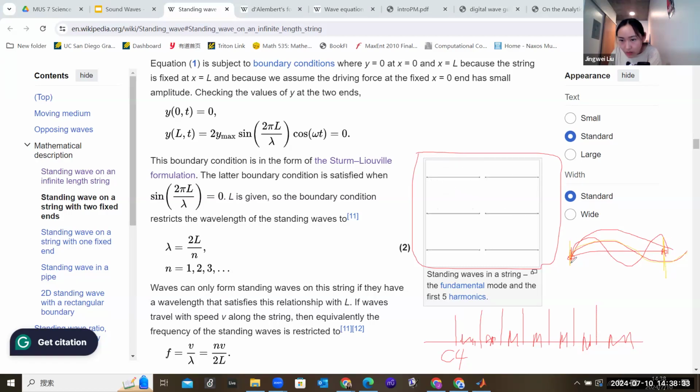So here it equals 0, but here it won't equal 0. Therefore, this wave will be naturally filtered out by this string because it doesn't meet the boundary condition. So this frequency can never exist on this string model with two fixed ends.